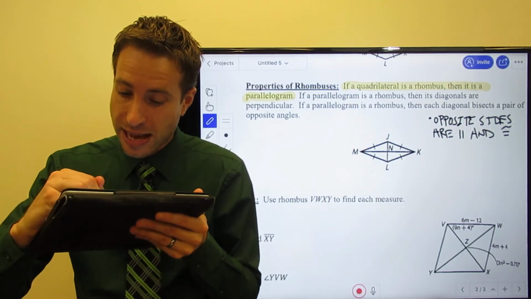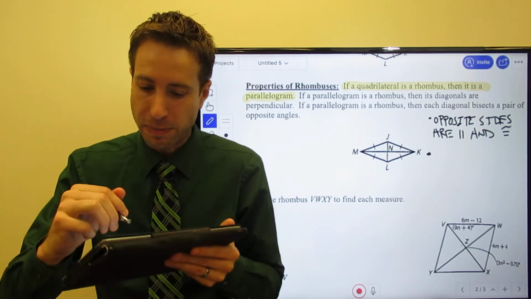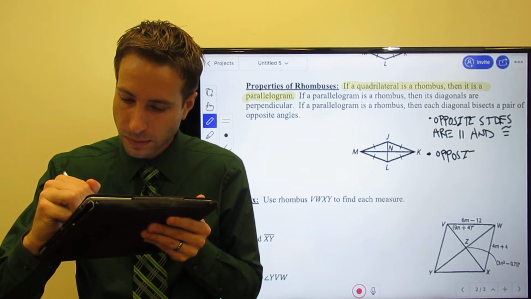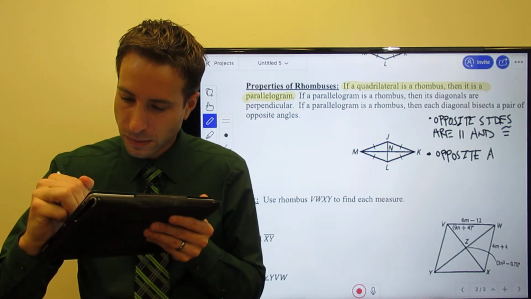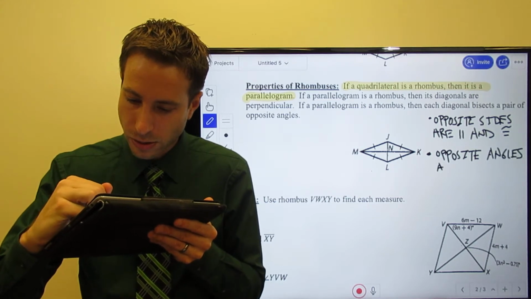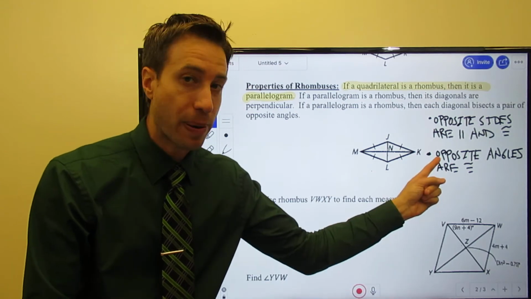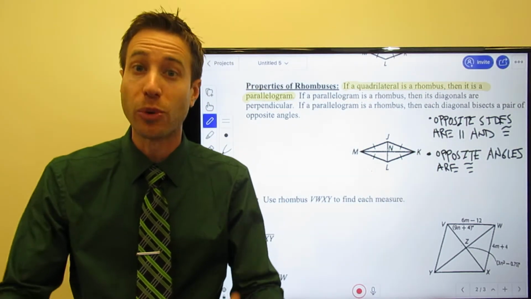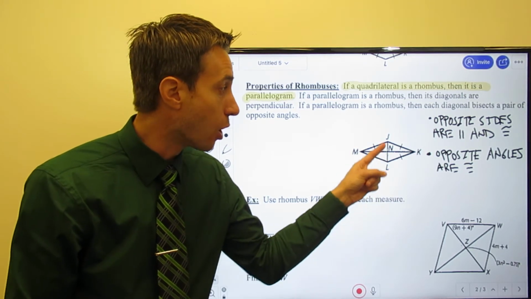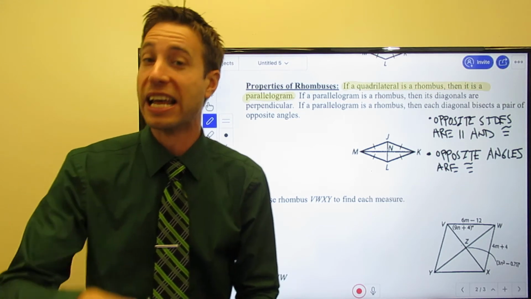In addition to that, in a parallelogram, opposite angles have to be congruent. So opposite angles are congruent, because a rhombus is a parallelogram. So I know opposite angles have to still be congruent.